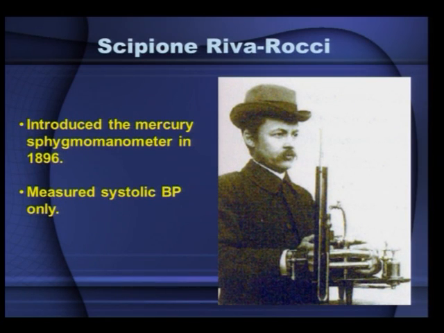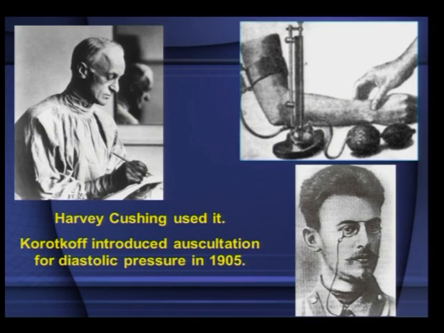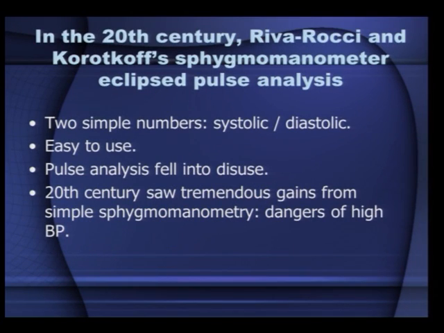Riva-Rocci introduced the mercury sphygmomanometer, measured systolic blood pressure, and then came the famous Korotkoff sounds, and that changed the whole picture. We could now get two simple numbers, systolic and diastolic. It was easy to use. So the pulse wave analysis, which was started so many years ago, fell into disuse.